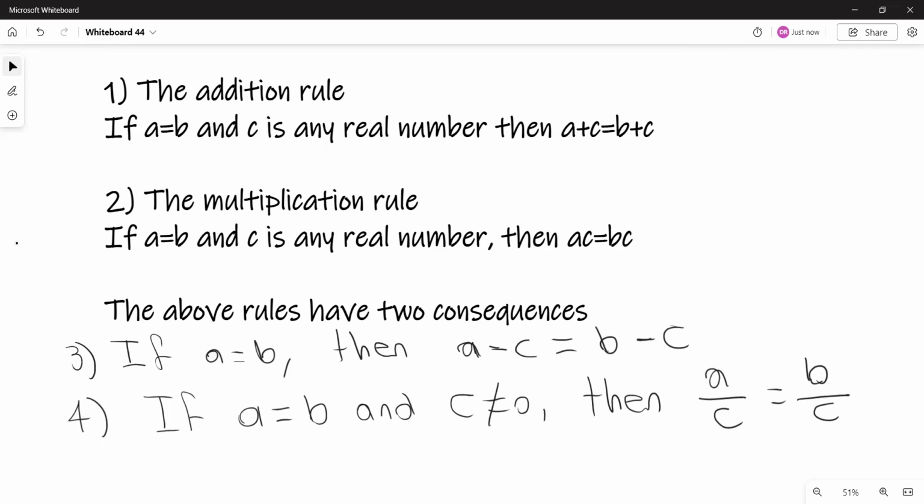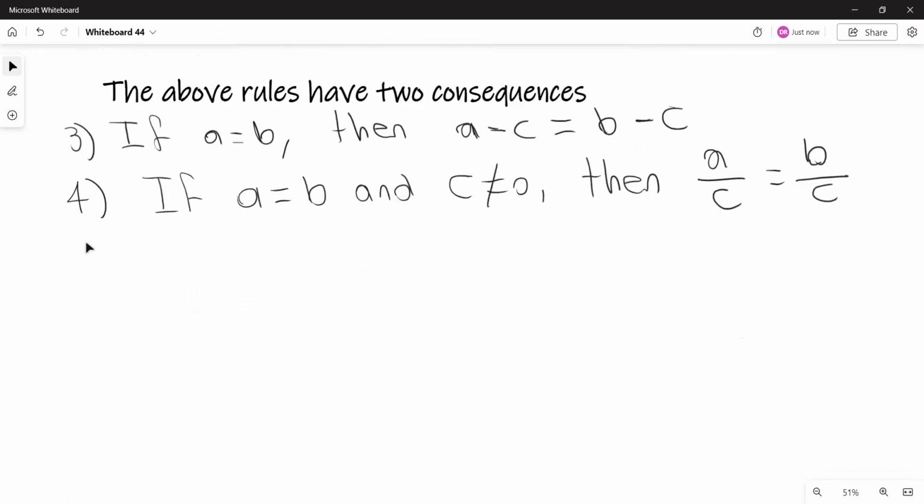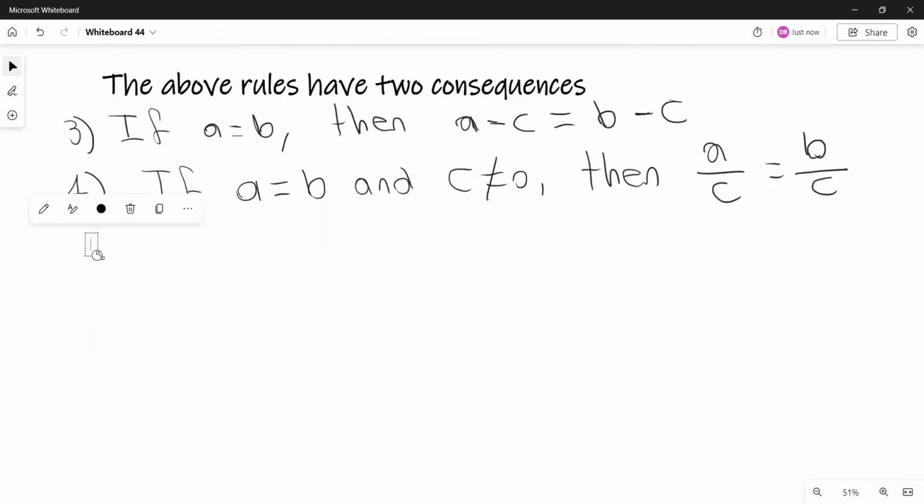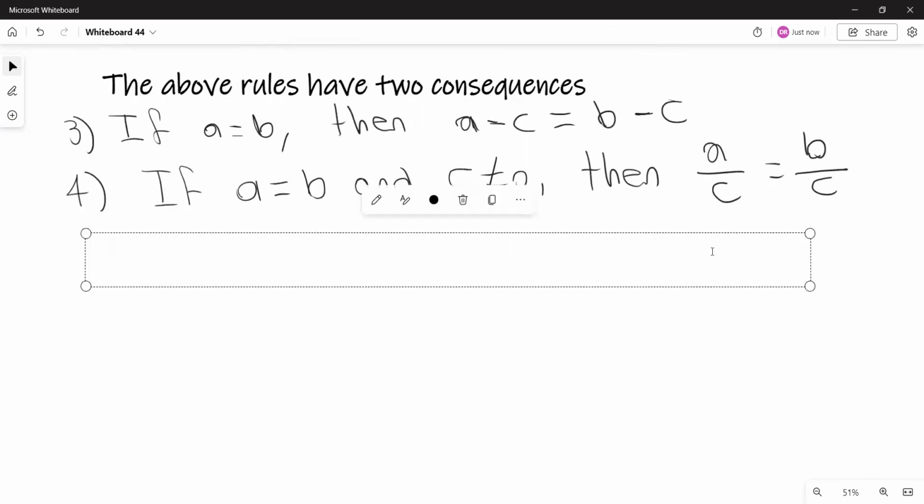You can multiply by the reciprocal of a non-zero number, and that's equivalent to the multiplication rule. So we use the properties to solve linear equations or to write equations in equivalent form.